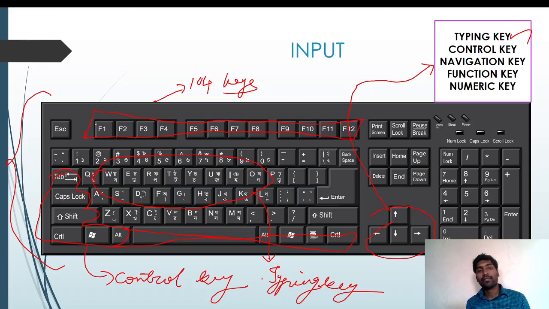All of these shortcuts we were using, correct? But with function keys, we need not use any combined keys. Each key has some particular function. So this is a function key.